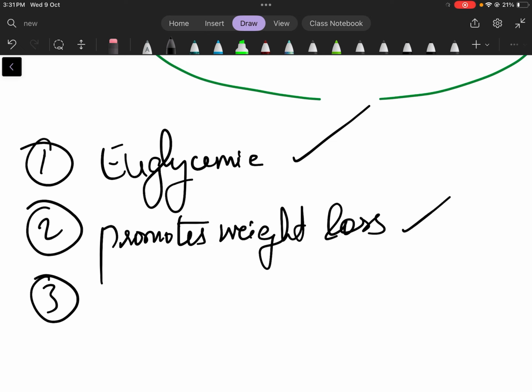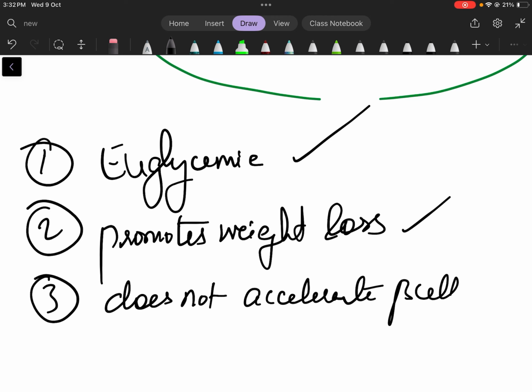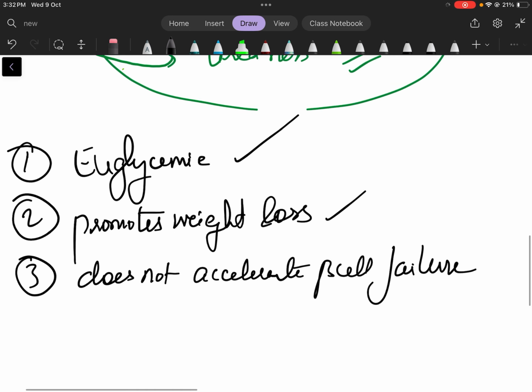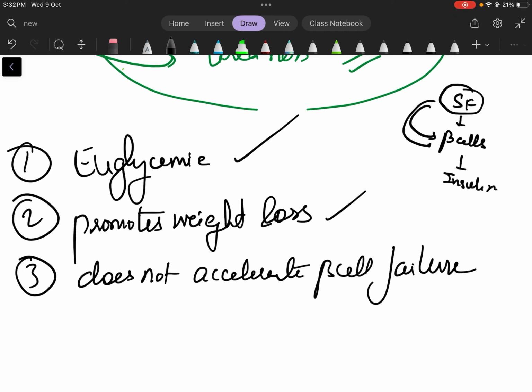The third most important feature is it does not accelerate beta cell failure. So this is quite tough to understand. When I talk about your sulfonylureas, it basically acts on your beta cells and causes the insulin release. Essentially, sulfonylureas depend on your beta cells to cause insulin release.